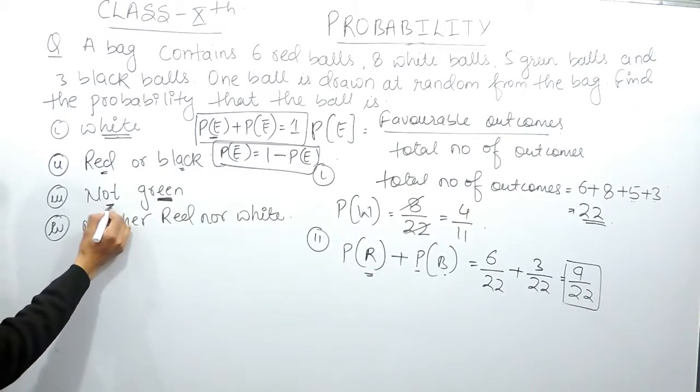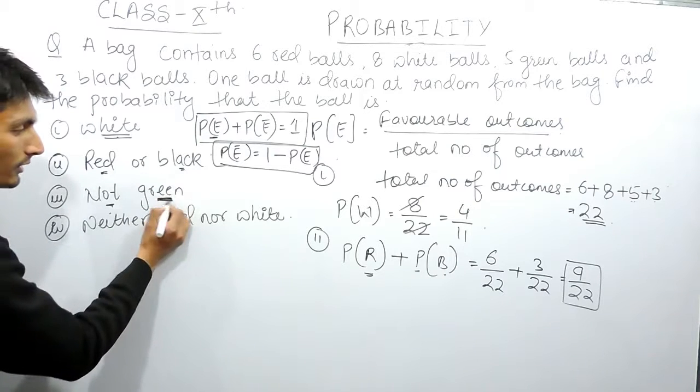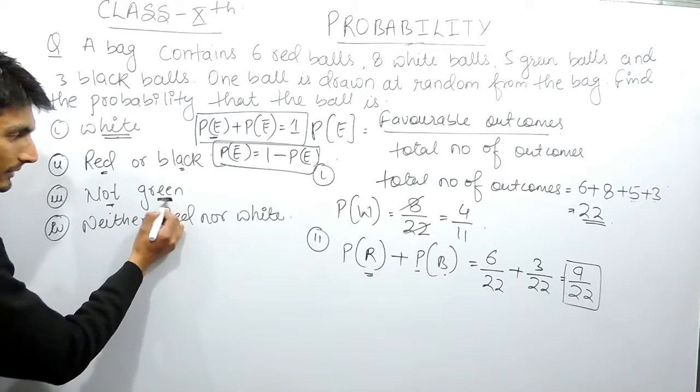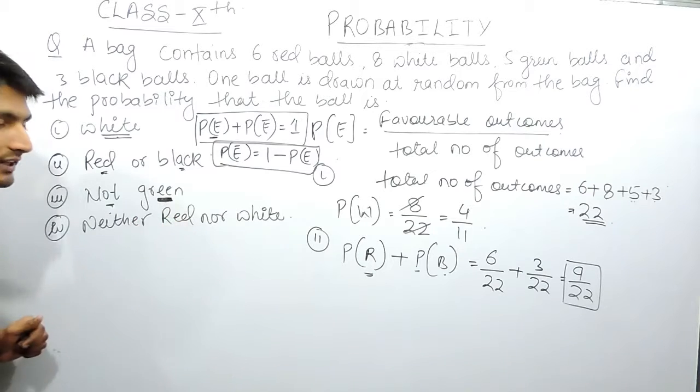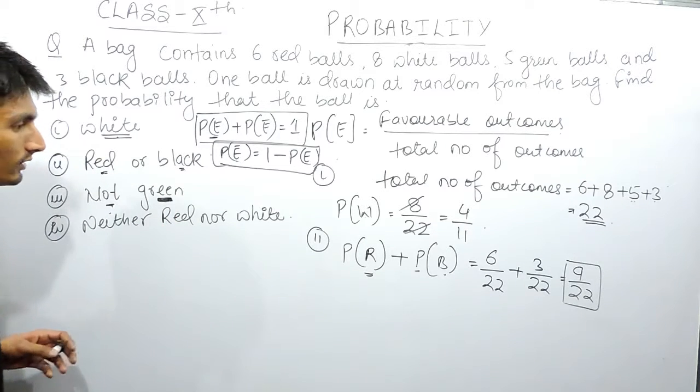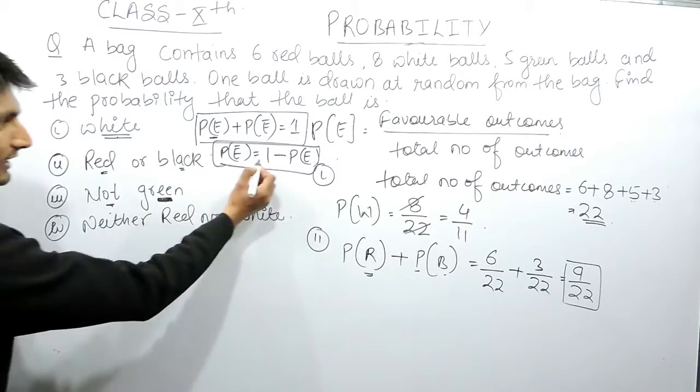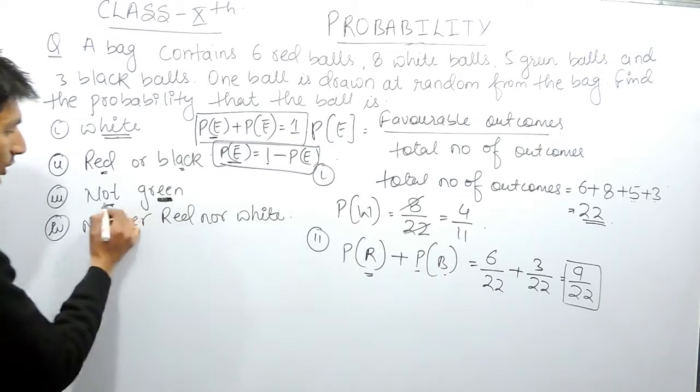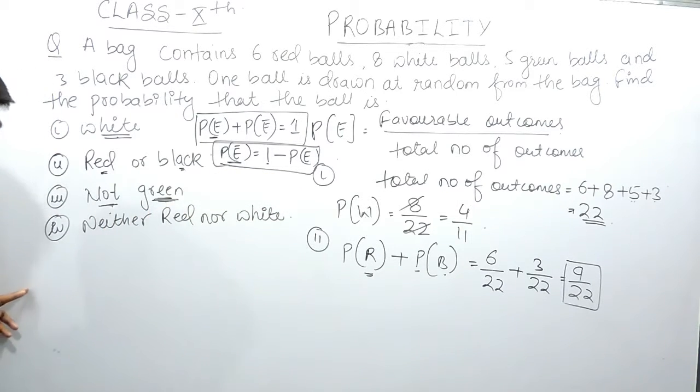So for this part, first of all I have to find the probability of a green ball coming when a ball is drawn, and then I'll subtract from 1 and I'll get the probability of not green.